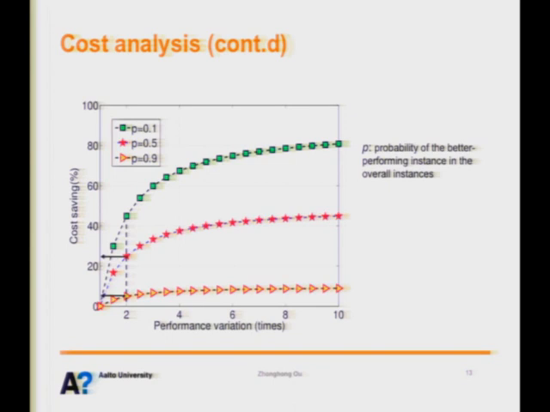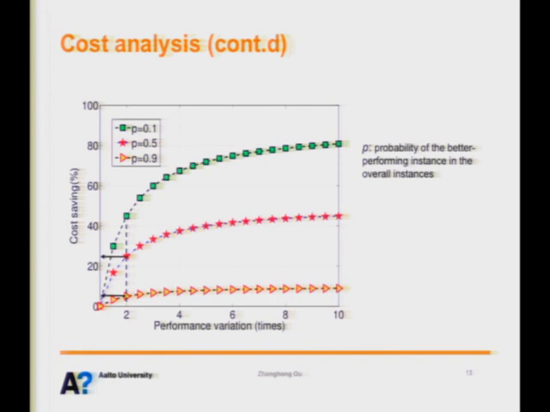But if the fast and the slow instances are kind of equal, like 50 to 50, meaning half of the instances are fast and half are slow, and the fast is 2 times faster than the slow one, then the cost saving you will get is around 25%. So basically if you're running a certain number of instances for a whole year, you will save around 25% of the money you would normally pay.